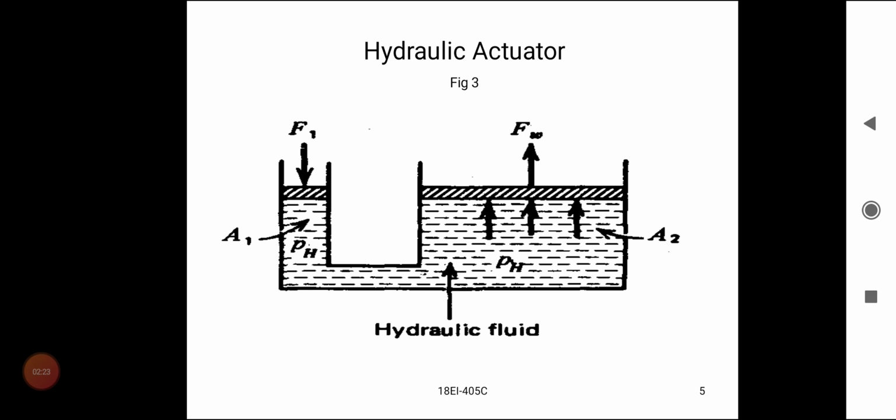Here, the forcing piston of area A1 receives a force F1, which causes hydraulic pressure to be created in the hydraulic liquid. This same hydraulic pressure acts on the large surface area of the A2 piston, and that creates a working force.